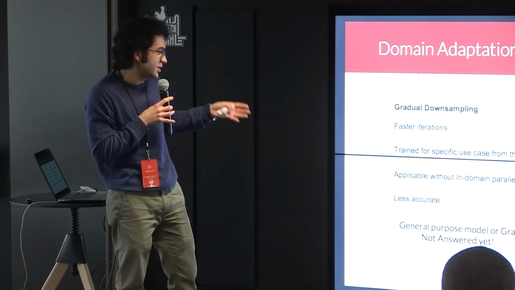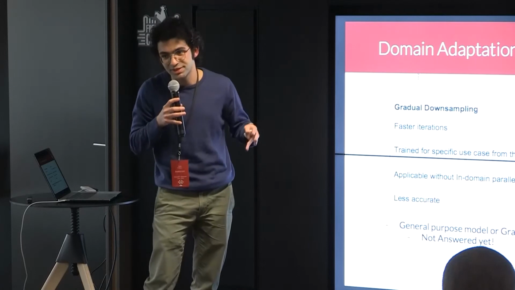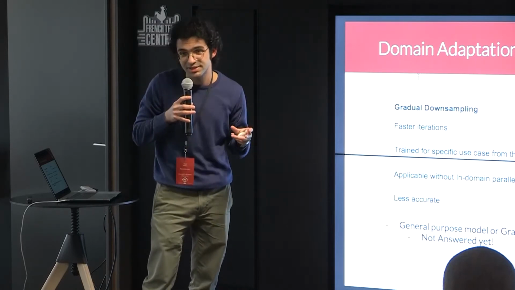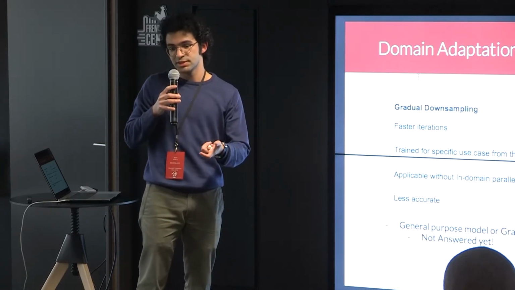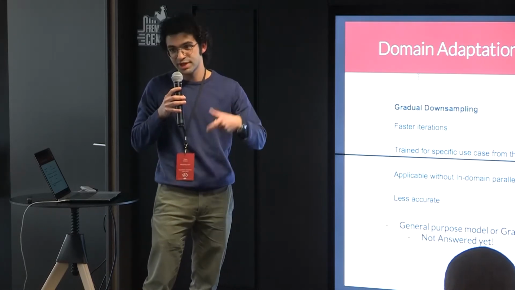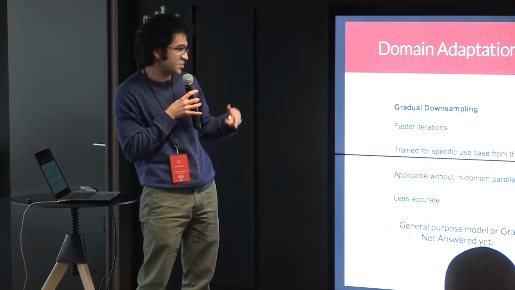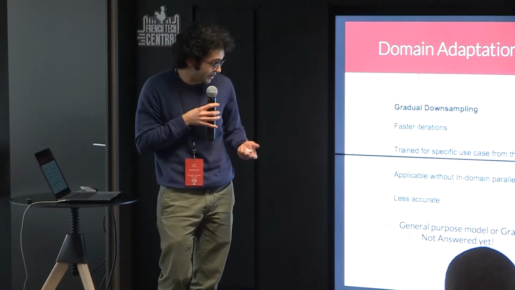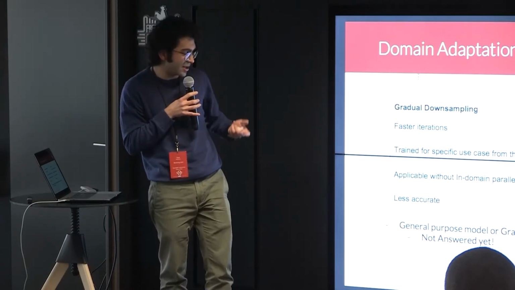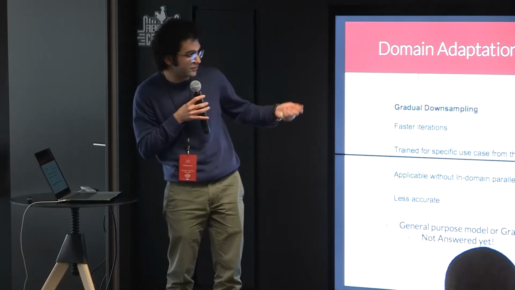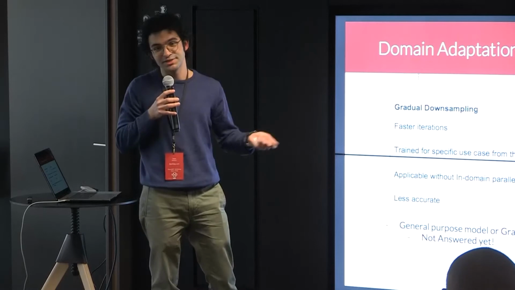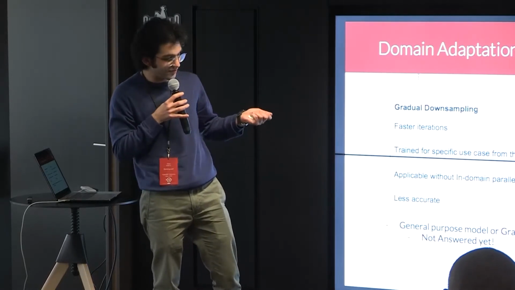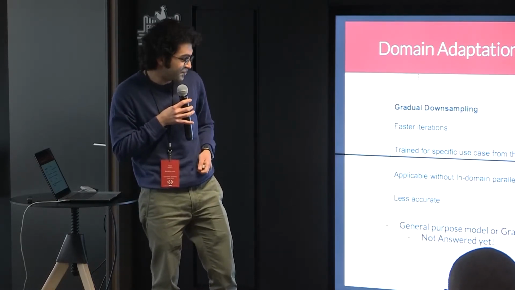For gradual downsampling, you don't really need parallel in-domain data, but just monolingual in-domain data to rank the out-of-domain data. But for fine-tuning, you really need in-domain data. According to our experiments, if you do fine-tuning, you'll have more accurate results than even gradual downsampling, but it's a trade-off.